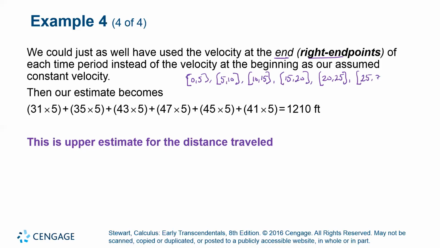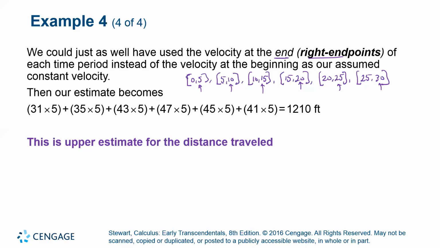If you are using the velocities at the right endpoints, that is at the end, they will consider the velocities at 5 seconds, 10 seconds, 15 seconds, 20 seconds, 25 seconds, and then 30 seconds.